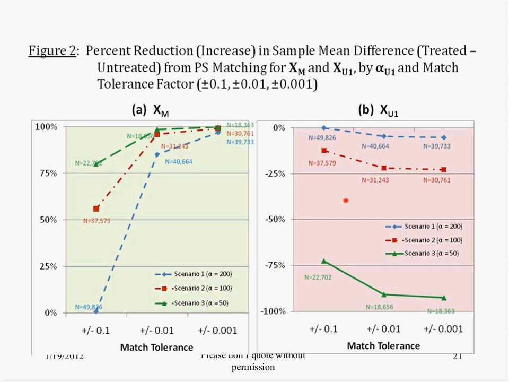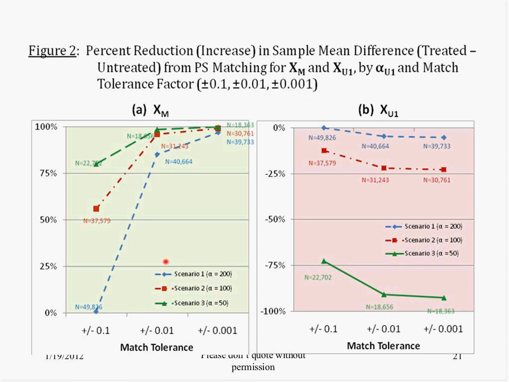Some of the interesting things to see in here is that as the level of tolerance gets bigger, we can match more people.